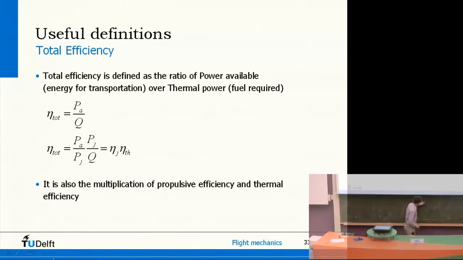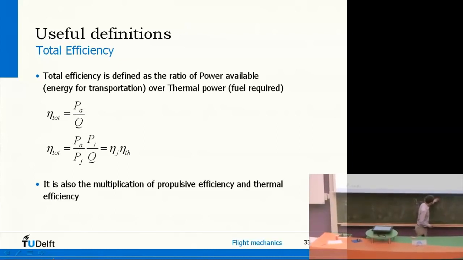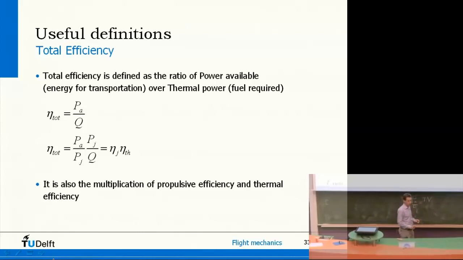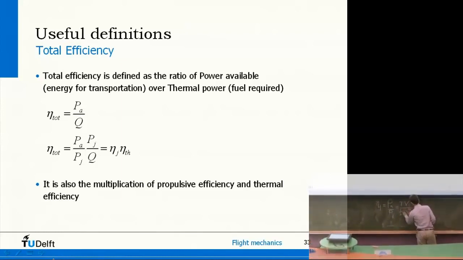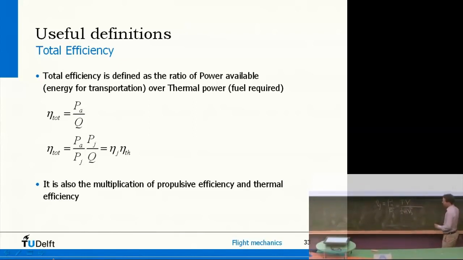So this propulsive efficiency we defined as power available divided by jet power, right? As we see here. Now, we already know power available is thrust multiplied with velocity, and jet power is a half m Vj squared minus a half m V squared.